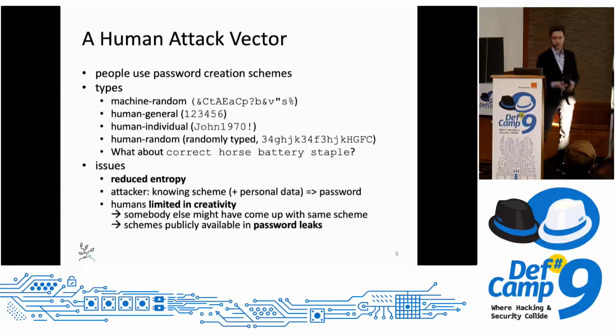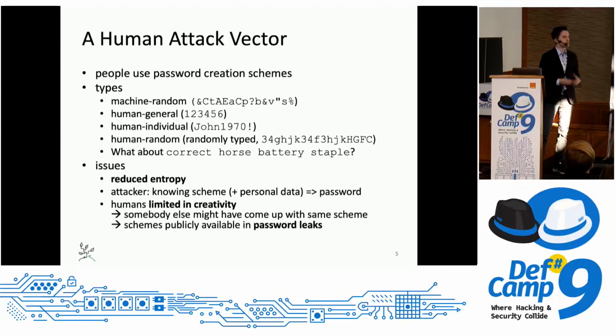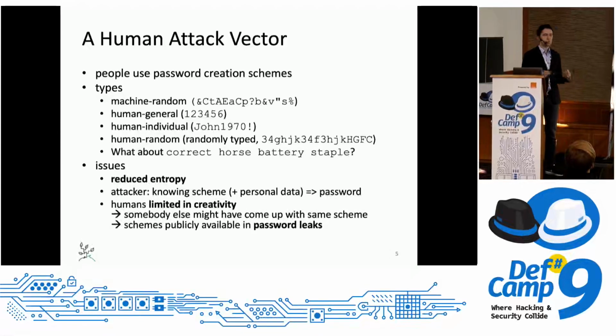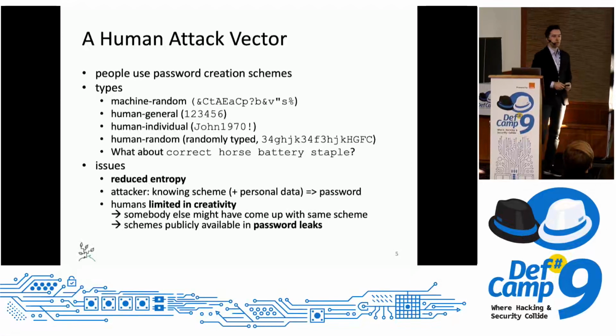So what's the basic issue here? The issue is that all these human passwords have a reduced entropy, which means that if an attacker knows the password creation scheme and has some personal data, then he might be able to guess the password or at least narrow it down significantly. And as we can see in password leaks, humans are limited in their creativity.